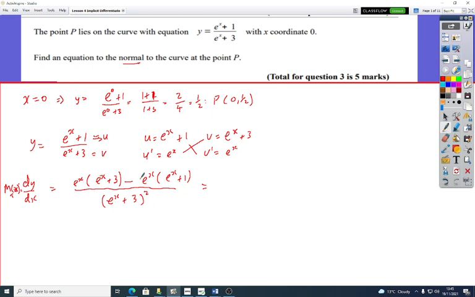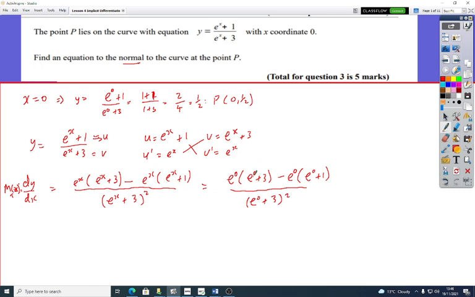So you can simplify or not. I'm not going to, because I'm lazy. So I'm just going to say e to the 0 plus 3 minus e to the 0 plus 1 all over e to the 0 plus 3 all squared.